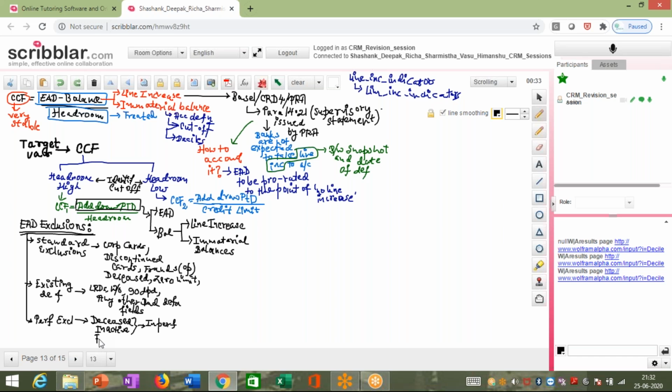These exclusions are mostly done when we get the data. From there, you extract the default base, and when it's a QRRE, you create the CCF figure. Once you have the CCF figure, the next step is the model development step.